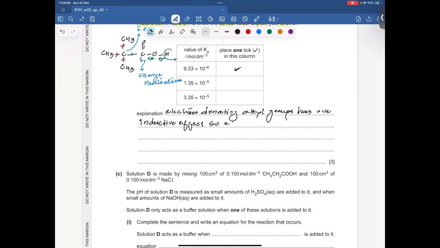So the electron pulling effect of the carbonyl carbon becomes weaker.